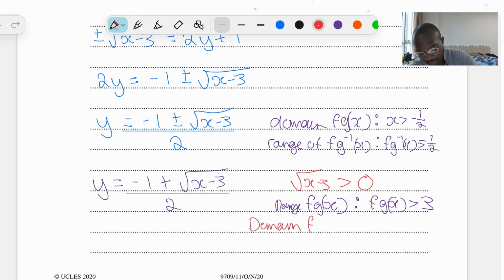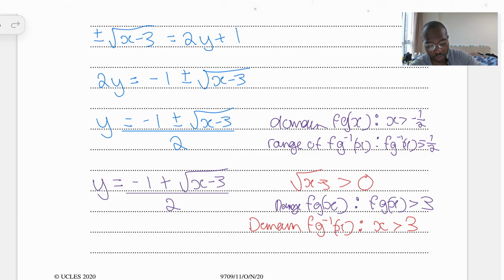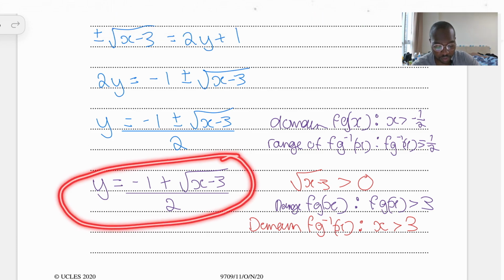So the domain of (fg)⁻¹(x) would simply be when x is greater than 3, okay? And that does make sense, because if x was any value less than 3, then it would have no solutions, because you get a negative square root, which you can't do. So it makes sense as well. So yeah, we got an answer here of minus 1 plus the square root of x minus 3, over 2.